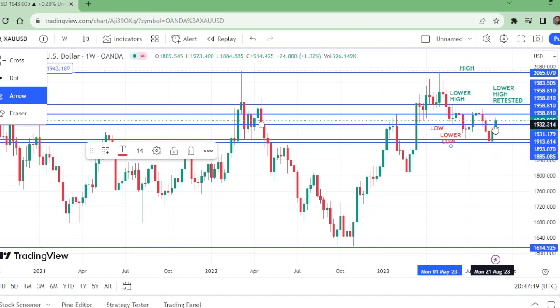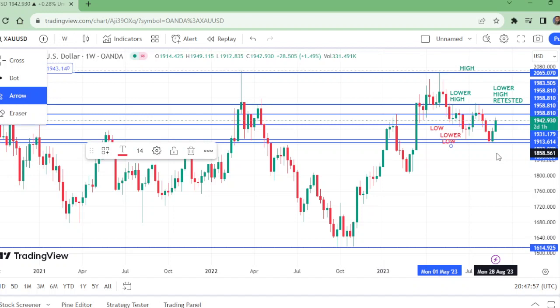Now, what is expected is that the market is going up for a new lower high. This was the previous lower high which was retested. So it is expected that the market could go maximum up to this level for a new lower high. But if the previous lower high, which has already been retested here, is broken, then the trend will once again be upward.